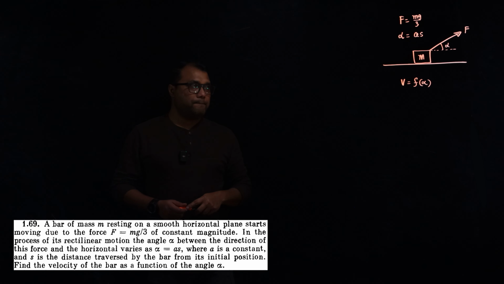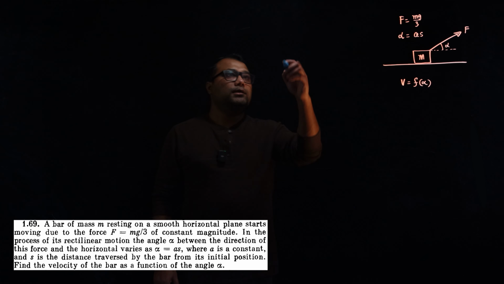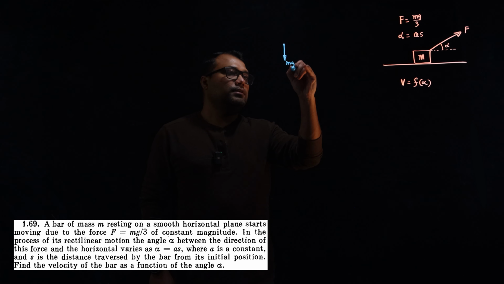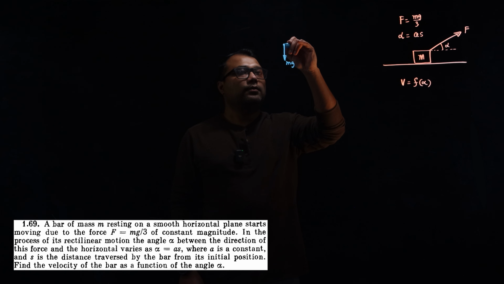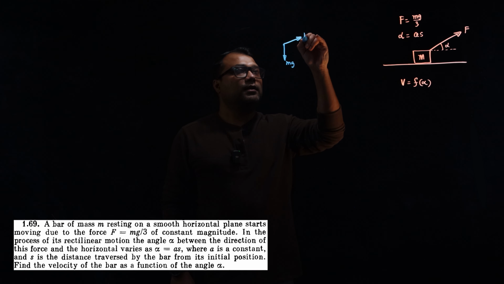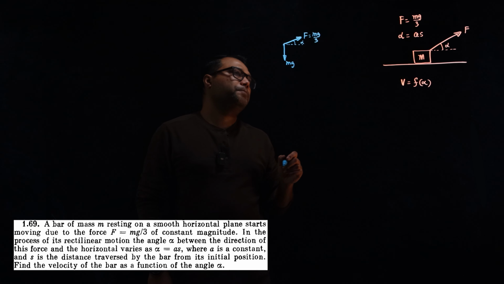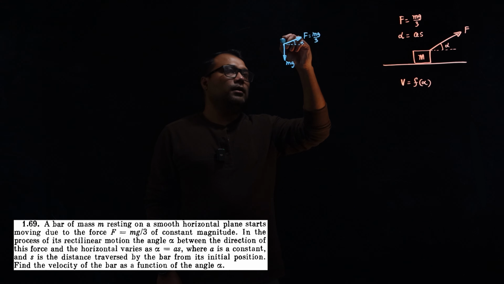So first thing, let's do a free body diagram. So mg acting like this, F acting like this. This is mg by 3 in magnitude, but at an angle alpha. And normal reaction works like this.